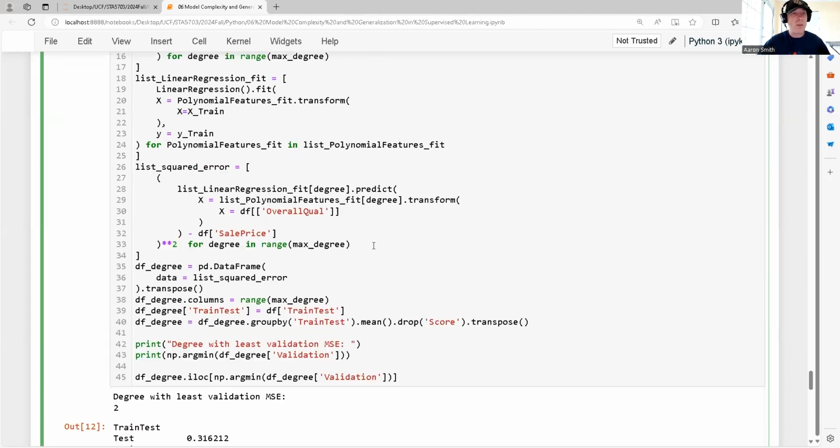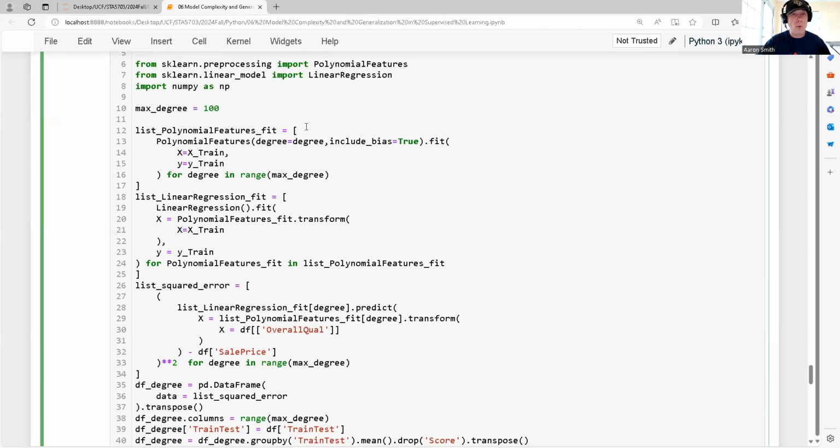I'm using a series of for loops. I'm doing polynomial features, so this is the object that does the transformation. Here I'm doing the transformation.